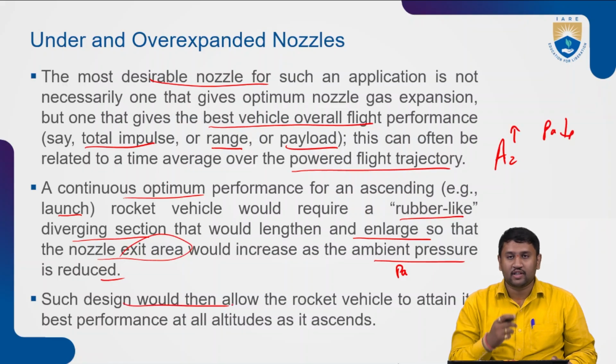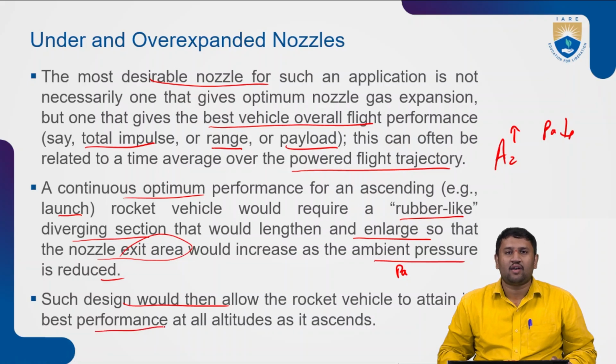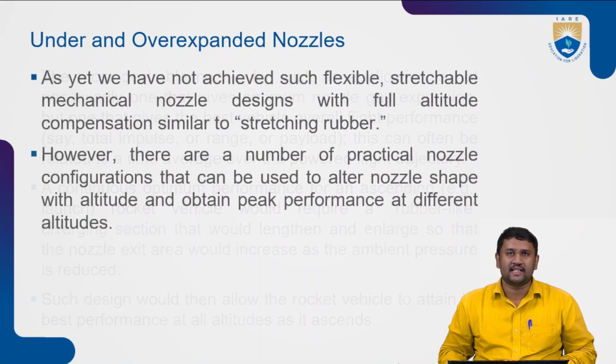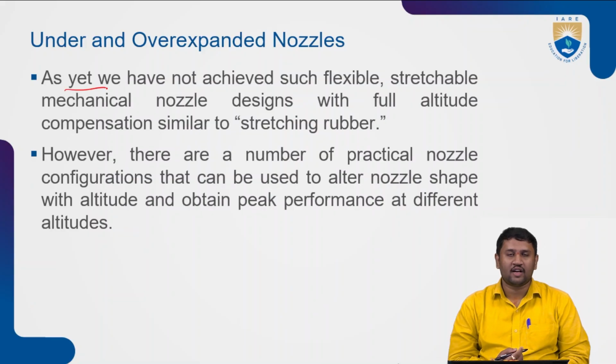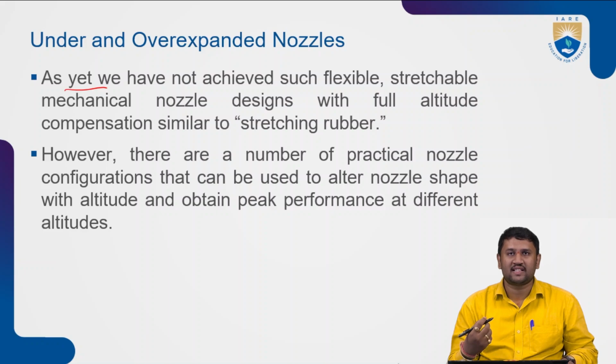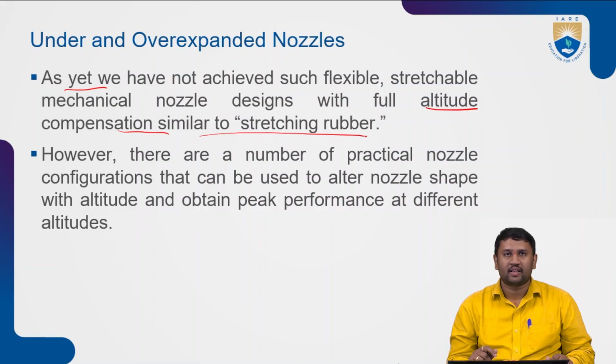Such a design would allow the rocket vehicle to attain its best performance at all altitudes as it ascends. And as yet we have not achieved such flexible and stretchable mechanical nozzle designs with full altitude compensation, similar to stretching rubber, right?